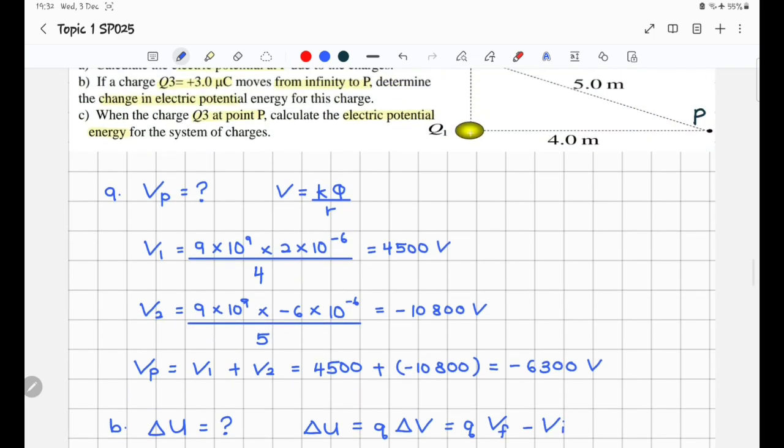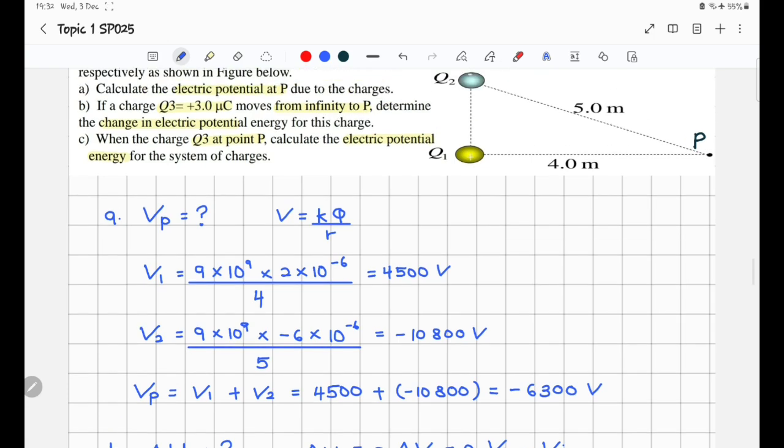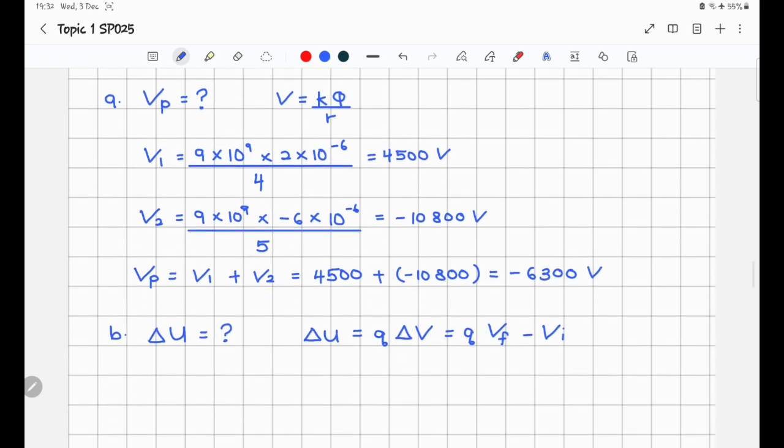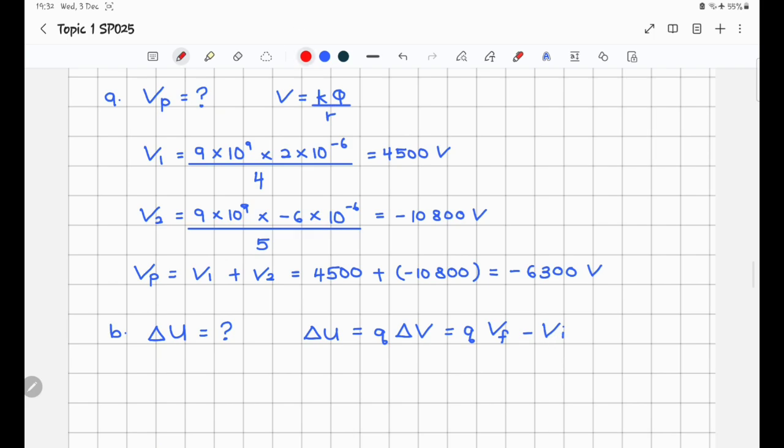From the question, the charge is moved from infinity to point P. Therefore, infinity acts as the initial point and P acts as the final point. For the initial, since it is from infinity, any charge divided by an infinite value gives 0 volt.